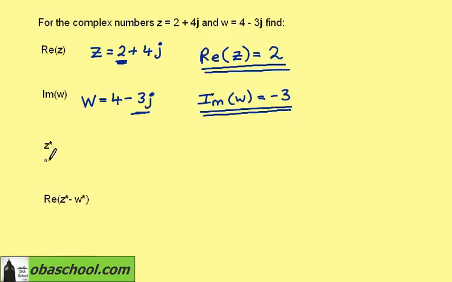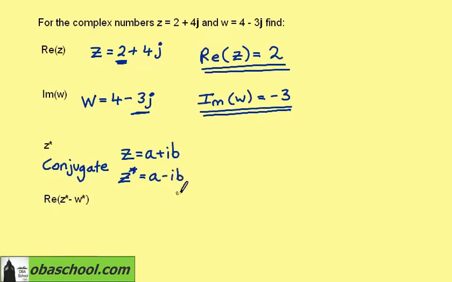Here we're going to look at z star, which is the conjugate of z. We mentioned conjugates in the last example on solving quadratics. If z is a plus ib, where here I've slipped into old habits and used i instead of j, then z star is a minus ib.